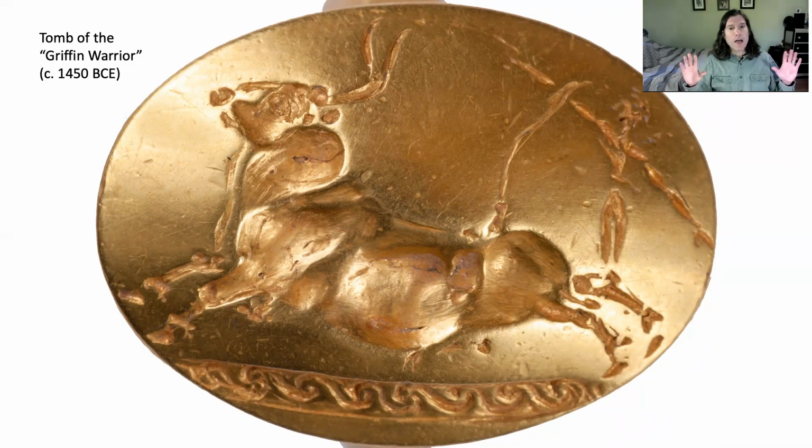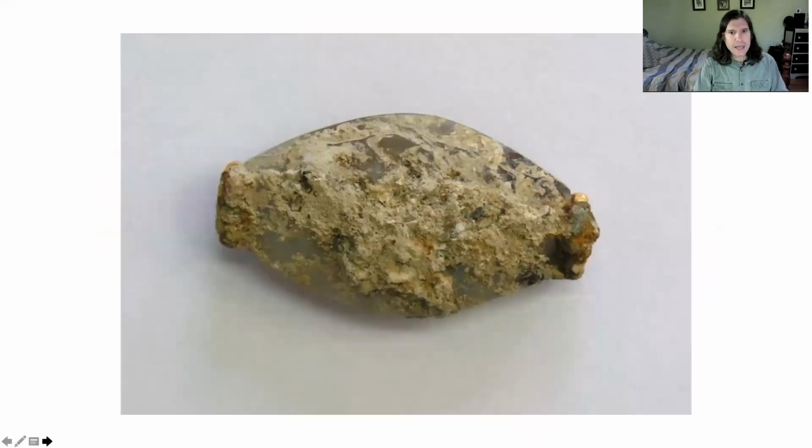Now, the next thing I want to show you is absolutely one of my favorite objects from the ancient world. Again, it's only been discovered for a few years now. The archaeologists were going through these thousands of different objects in the Griffin Warrior's tomb, and they found a very unprepossessing little bead that looked like that.